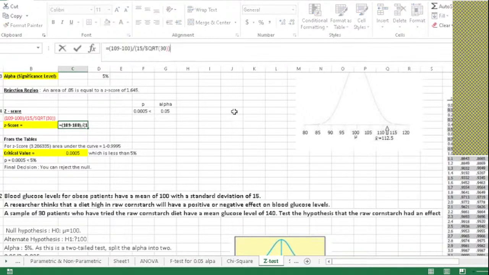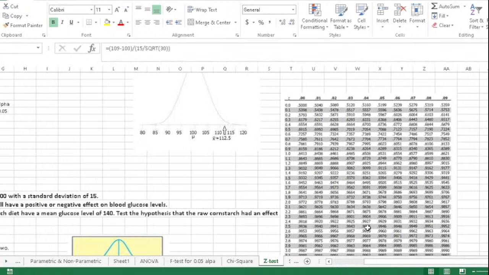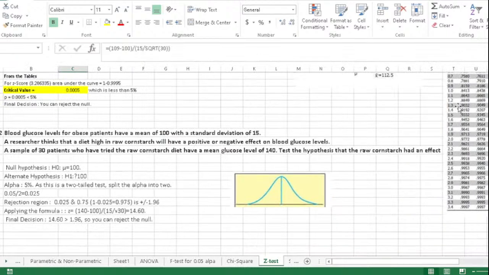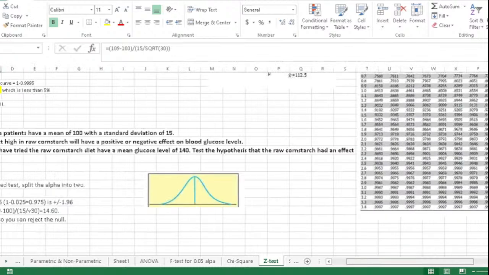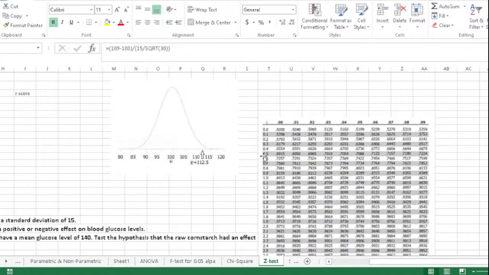Now I look at this Z score in Z tables. This is 3.28, so I'll look at this table for 3.28, somewhere here. This is 0.995. This is the number, and this table gives me the area on the left side of the curve.